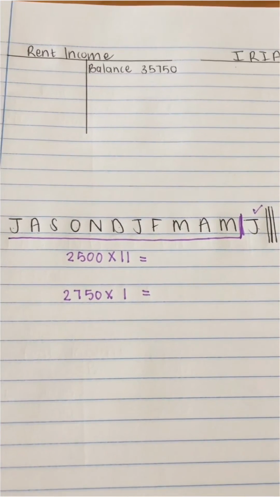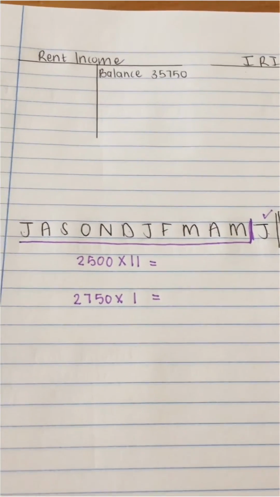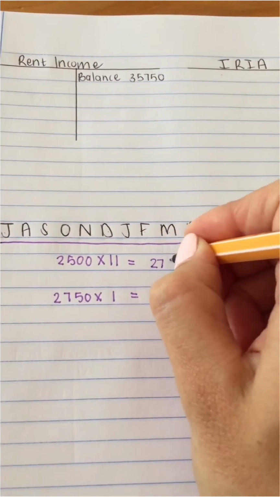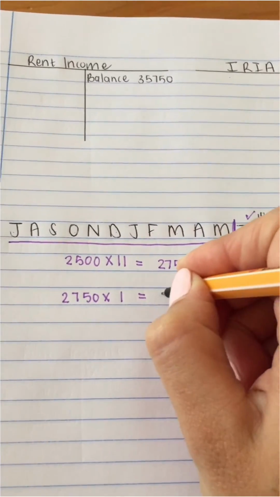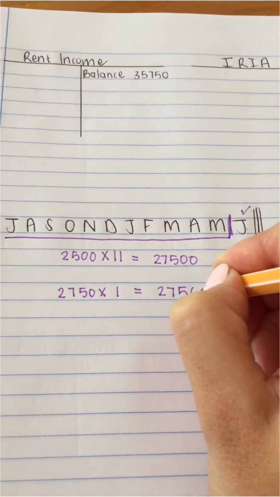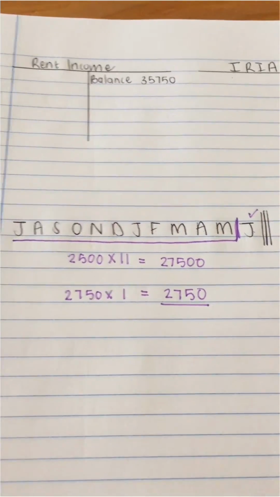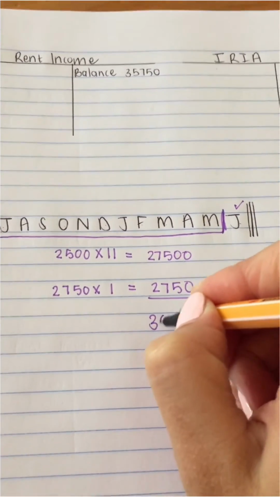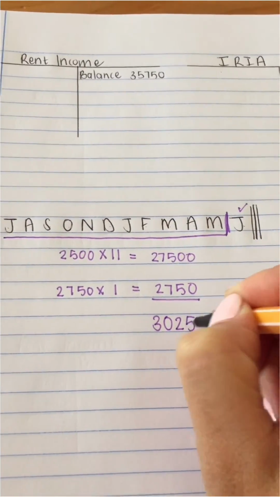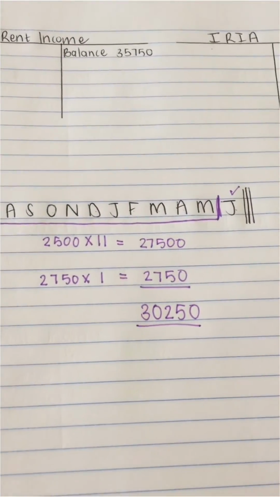So 2,500 times 11 gives me 27,500 Rand. That is 2,750. If I then add the two together, I get 30,250.